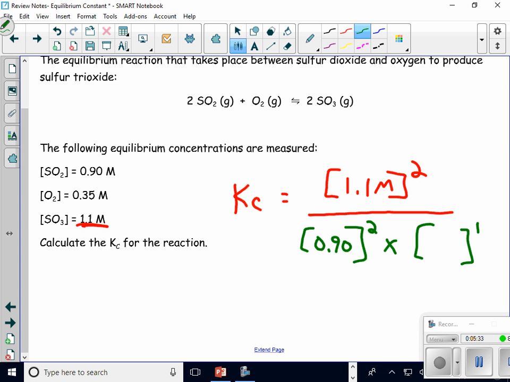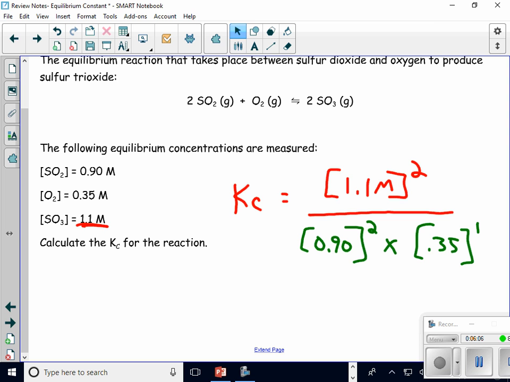Oxygen was 0.35. So now all I have to do is my math with this. So I take 1.1 squared, and I divide that by 0.9 squared times 0.35.